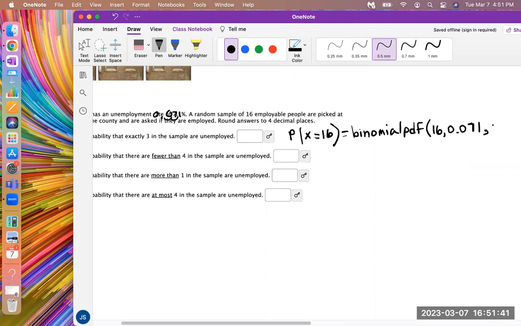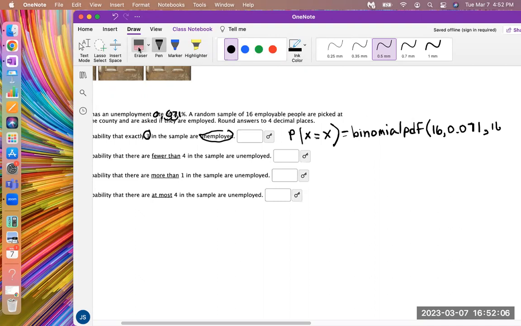And then the value that you want to put next is the number of successes that you want. Oh, sorry, 3. I'm sorry. So they want exactly 3 that are unemployed. And they're saying the unemployment rate, or the probability that somebody will be unemployed, is 0.071.